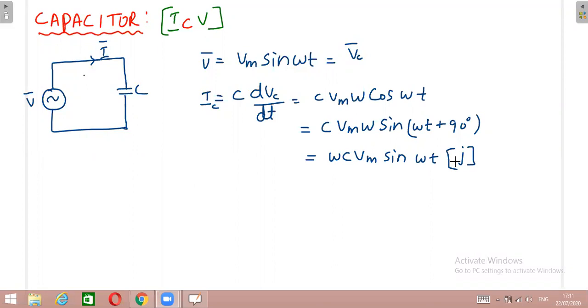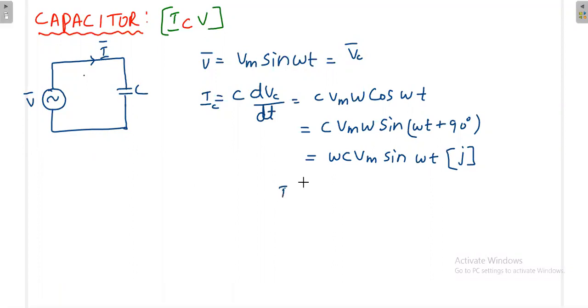Finally, I bar is equal to j omega C times Vm sine omega t, which you can write as V bar. Finally, we made a relationship between the voltage and current.